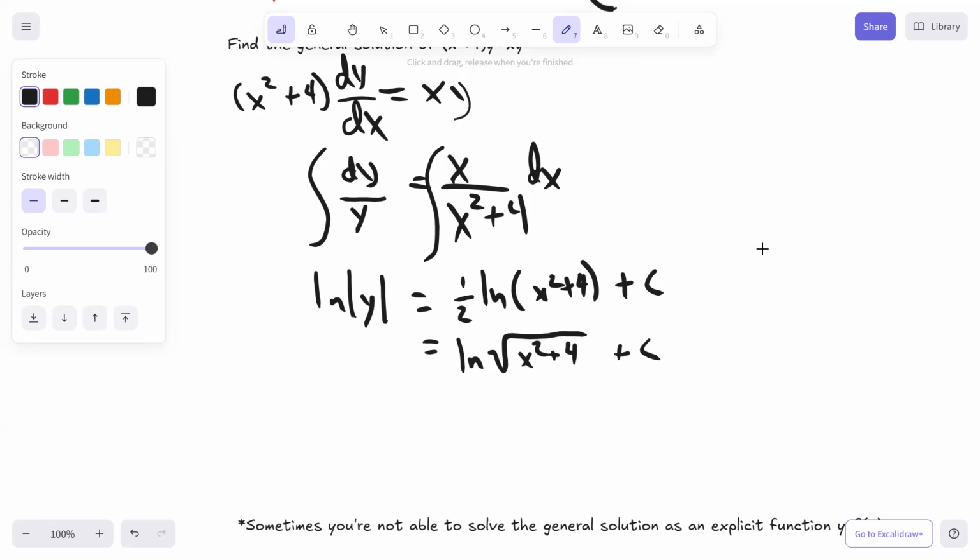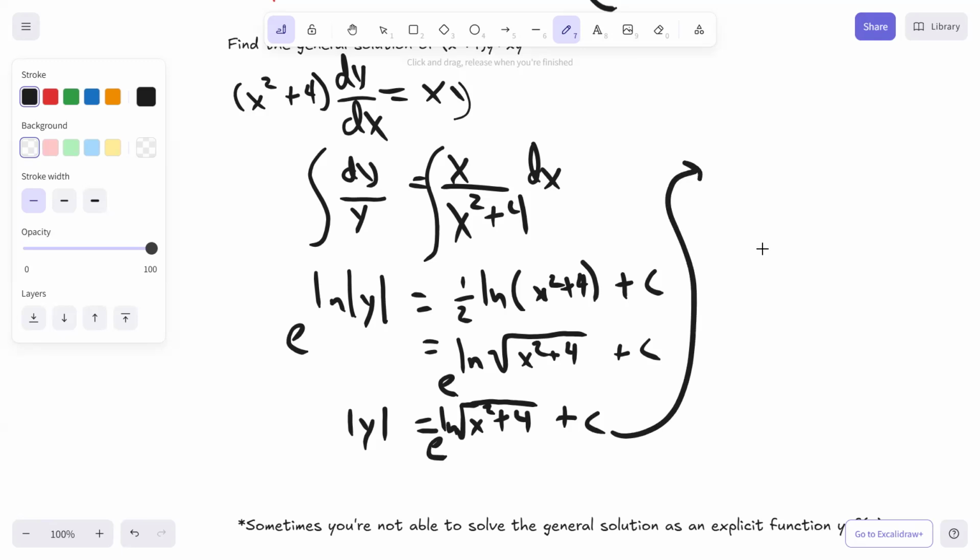And then we could exponentiate both sides. So you would have absolute value of y equals e to the natural log square root x squared plus 4 plus c. Simplifying a little bit further, remember when you're adding in the exponent, you could rewrite that as multiplying like bases.